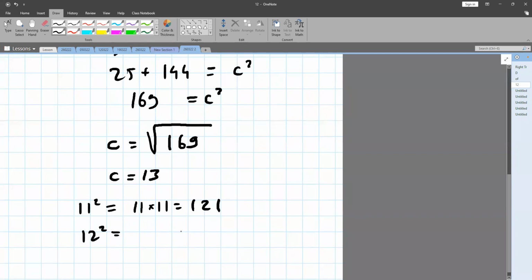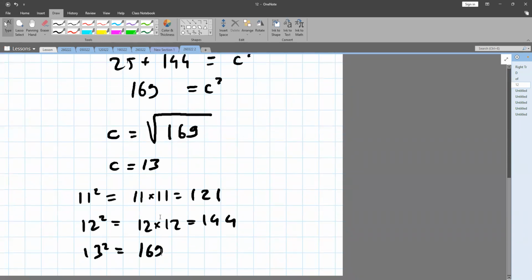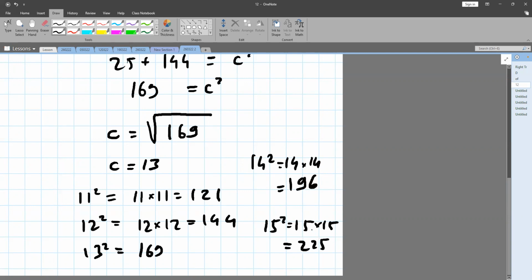You already told me 12 square is 144, and 13 square is 169. If you can get up to 20, 14 square is 14 by 14, which is 196. And 15 square is 15 by 15, which is 225. I would say remember some of these square numbers, that will be great.